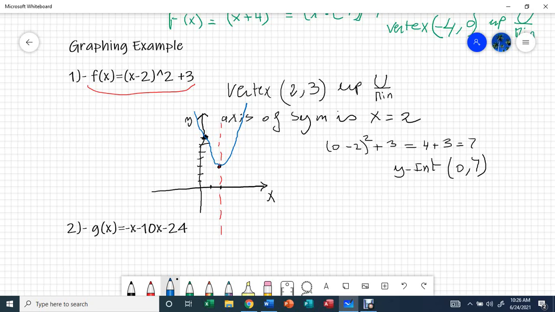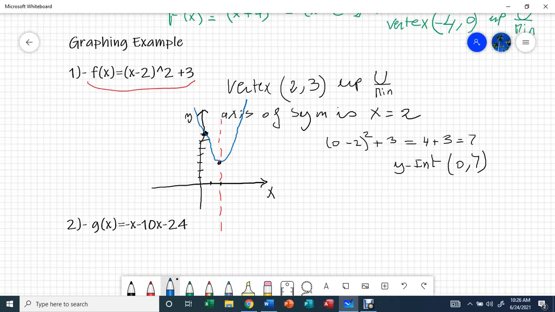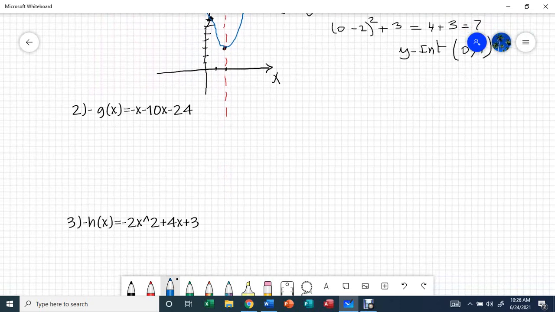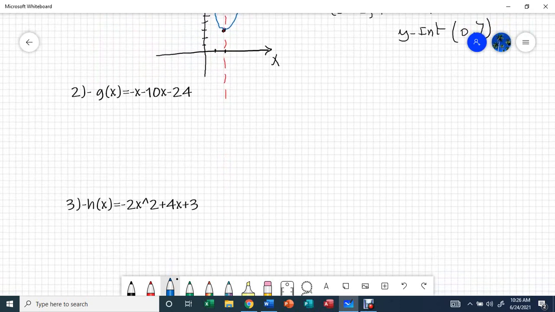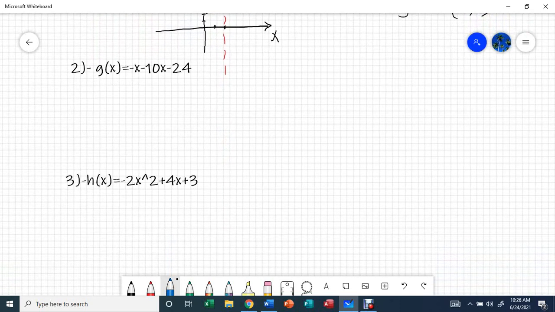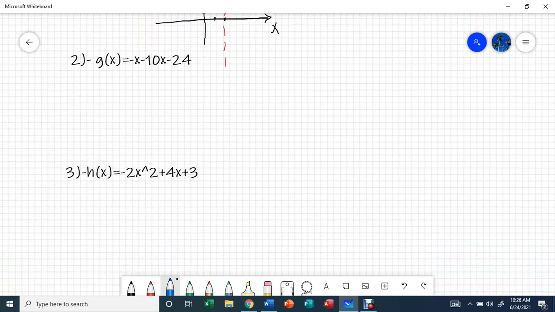So now let's do another example, in which I have to complete the square so I can have that equation in a nice standard form. So let's do that.